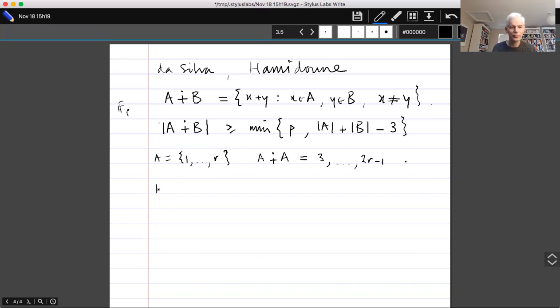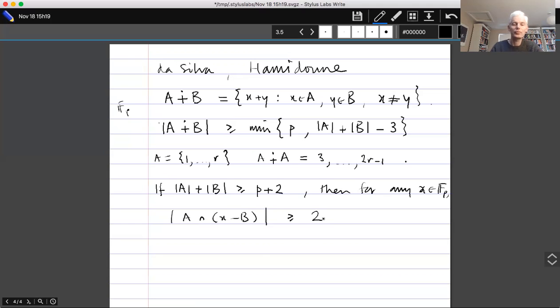So if the size of A plus the size of B is greater than or equal to, it turns out to be convenient to say, p plus 2, then what can we say if I just pick some x in F_p? We get that the size of A intersect x minus B is greater than or equal to 2.